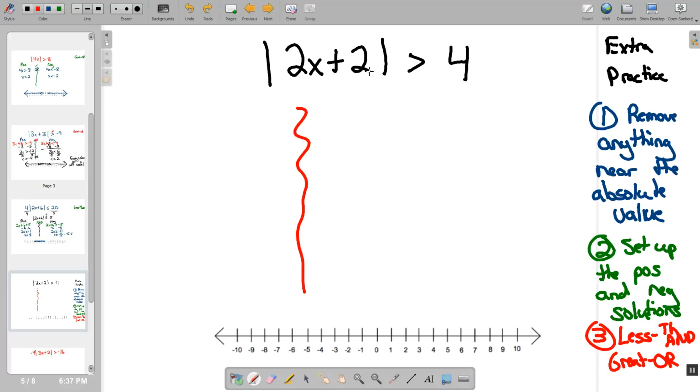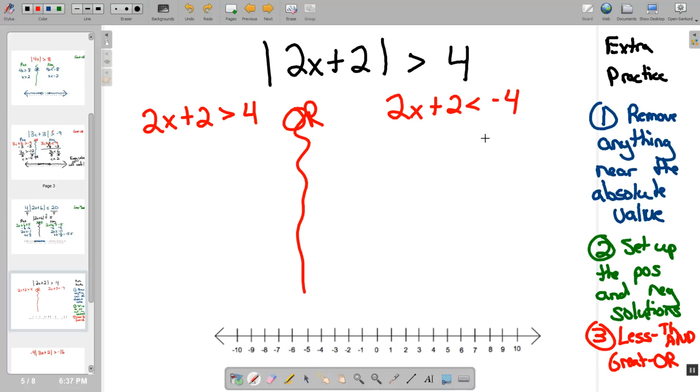So for this problem, we have a greater than symbol here, so it is an "or" statement. I'm going to do 2x plus 2 is greater than 4 as my positive solution side. My negative solution side will be 2x plus 2 is less than negative 4, because I am going to multiply this side by a negative 1. And because I multiplied by a negative 1, I must flip the sign.